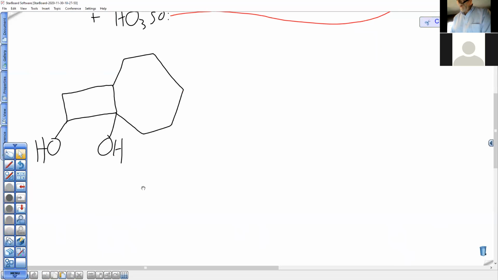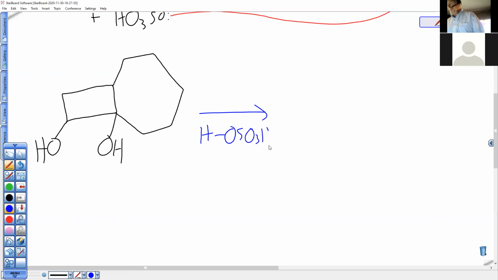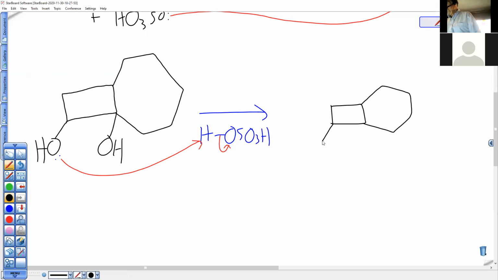I want to look at the products that would come from protonating the other O, because it seems to me that's where we can get our ring size to a better ring size. Generating this oxonium, which will leave.